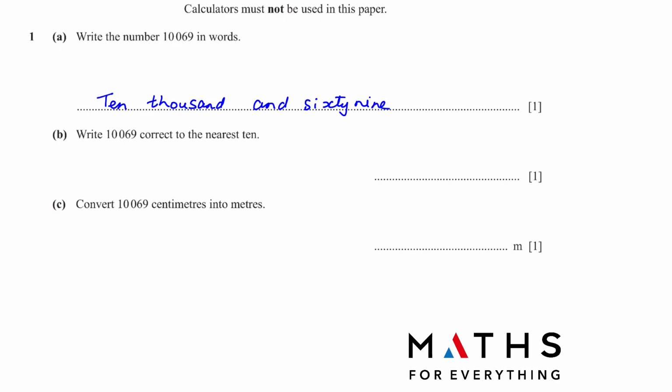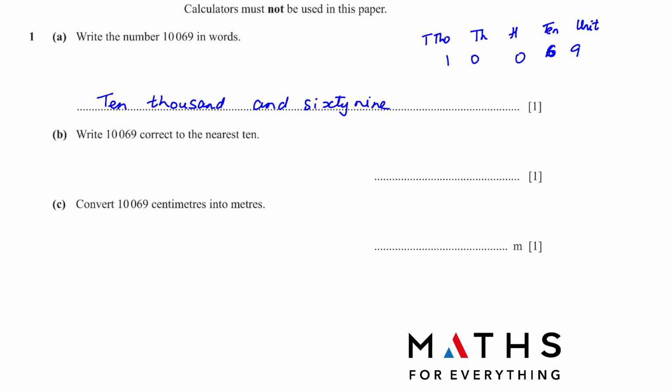Before we solve this question, let's quickly revise the place value. The last digit is in the units place, second last in the tens. Before that, 100, 1,000, 10,000. Now we place our numbers here.